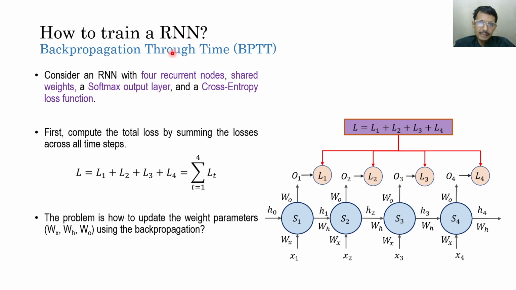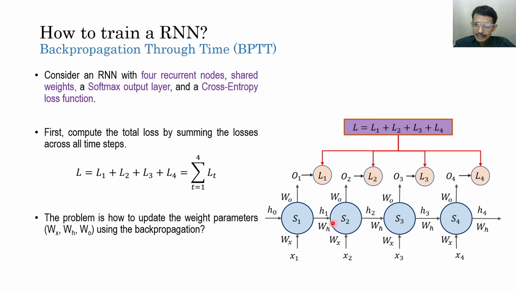Now, what is the problem here? As we know, the training algorithm for any deep learning model is that we have to determine these weights, Wo, Wh and Wx. By virtue of these losses, we take the error gradient, and this error gradient is propagated through these states, in this case these time steps.